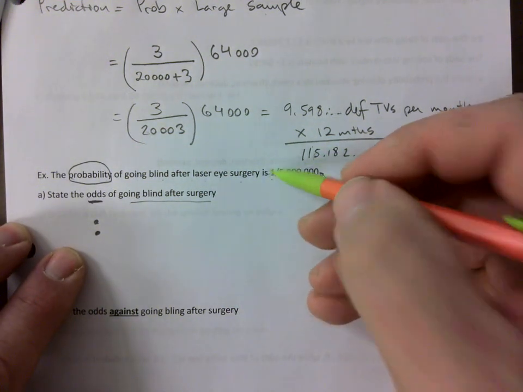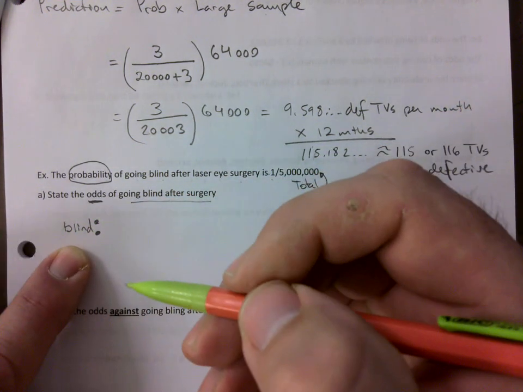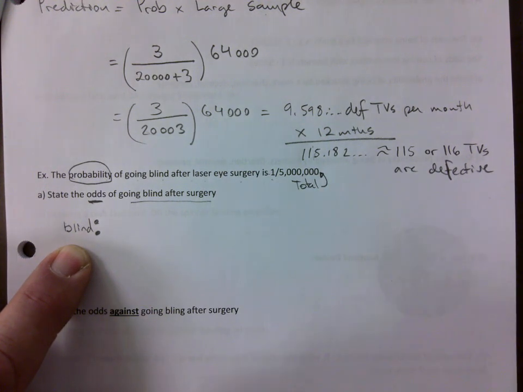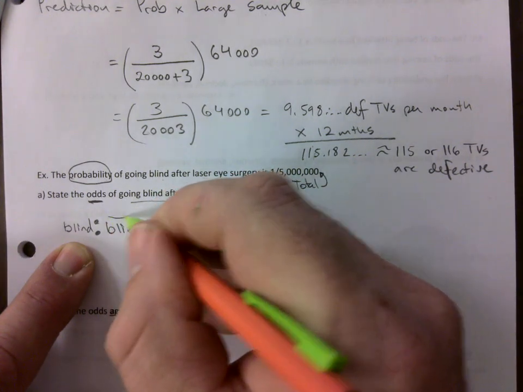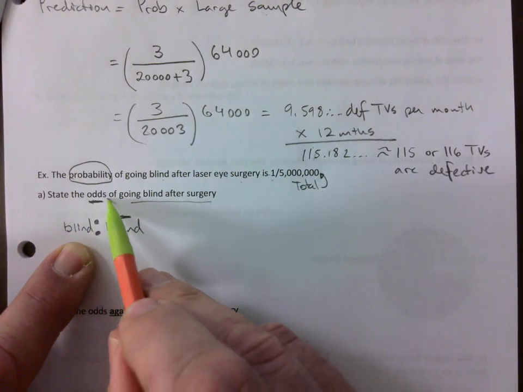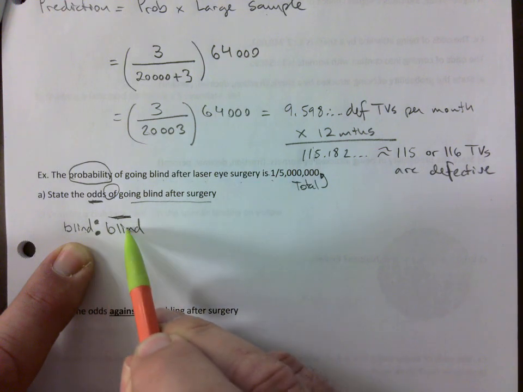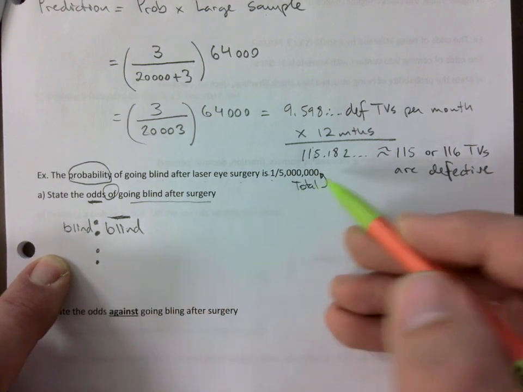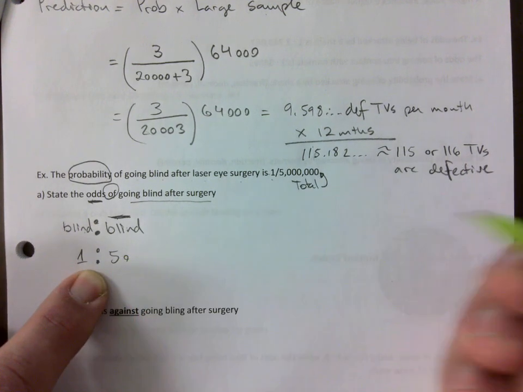So we know that 1, so I would ask you to first write down what the numbers represent. This would be blind, and this would be not going blind. Because it says the odds of what? What's the event? Going blind. So blind, not blind. That means that the 1 would go here, and this would be 5 million.